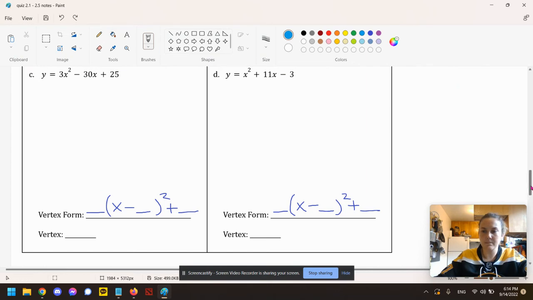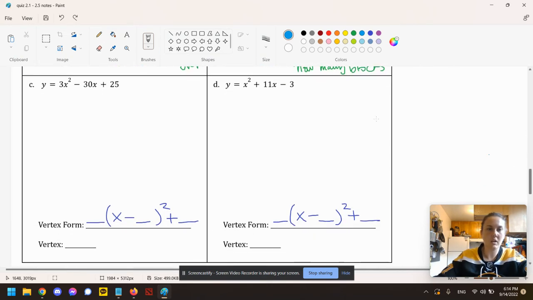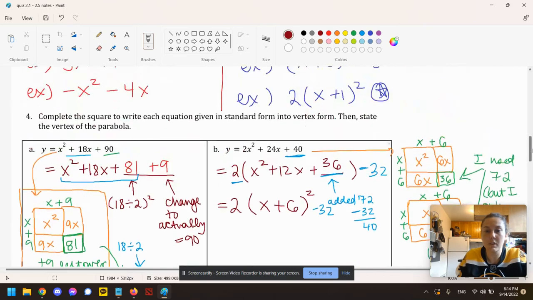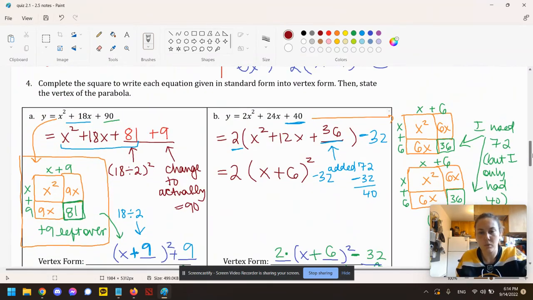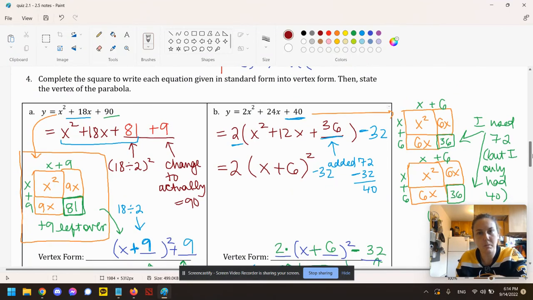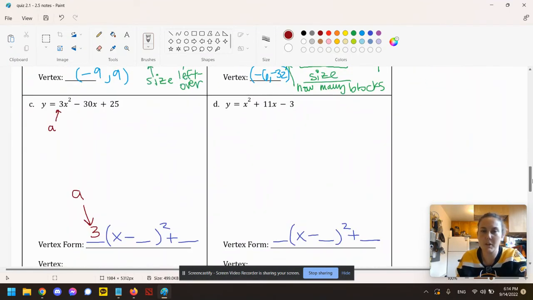All right, let's try it again. Same song, different verse. I'm going to do this one kind of quick. This number is 3, because it's just the A term. Right? This is A. This C, you could do it the exact same way I did B. Taking care that whenever we divide 24 in half, we got a positive number because it was positive. Here, when you divide 30 in half, you'll get a negative number because it was negative.